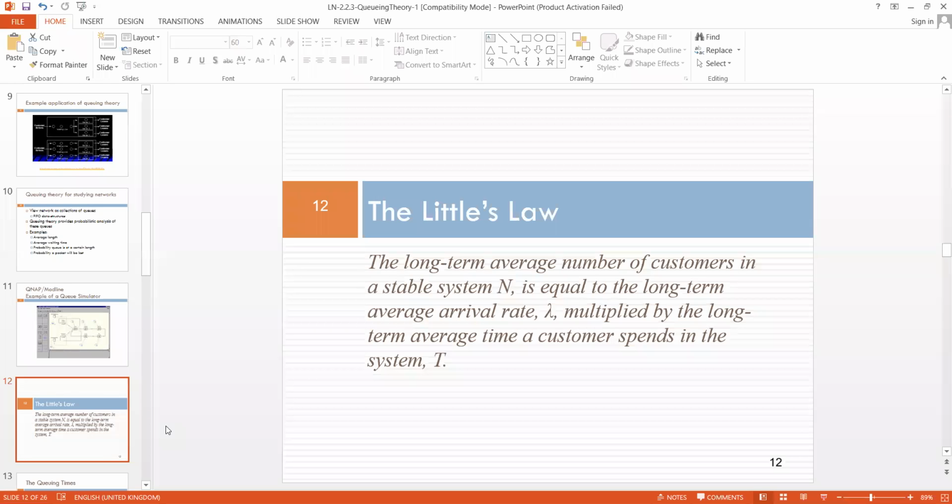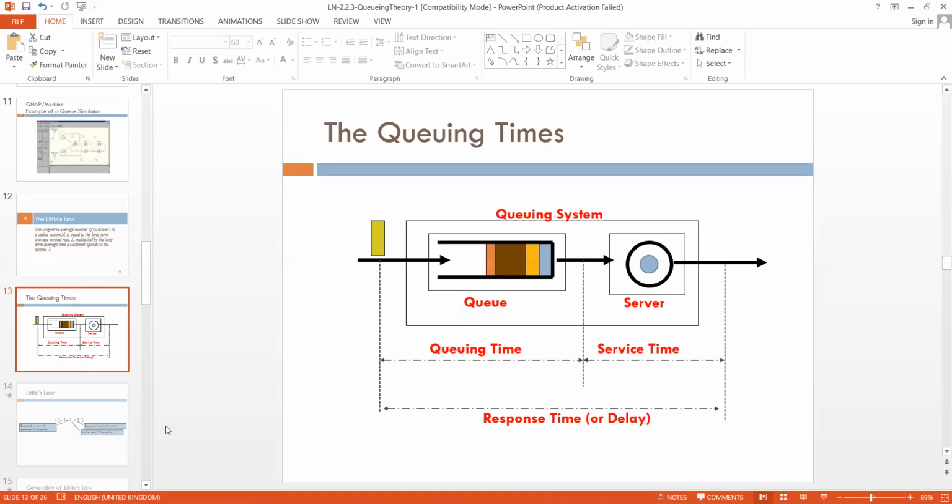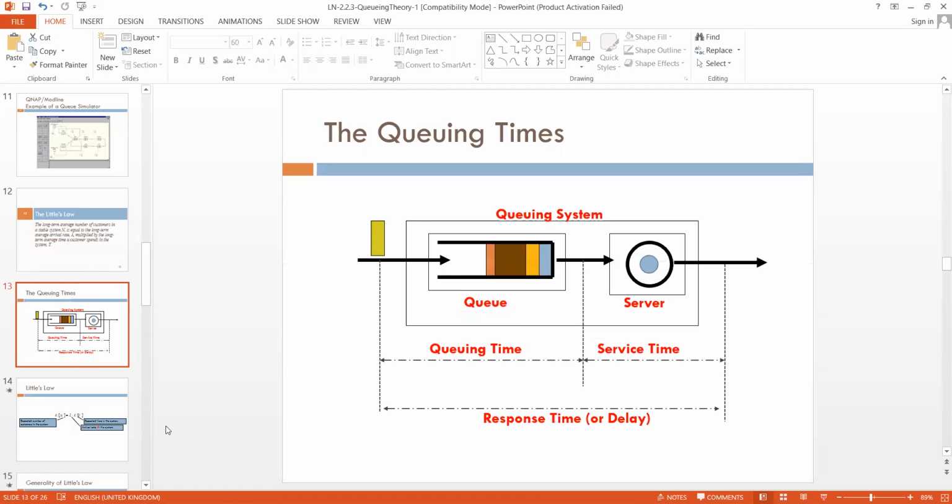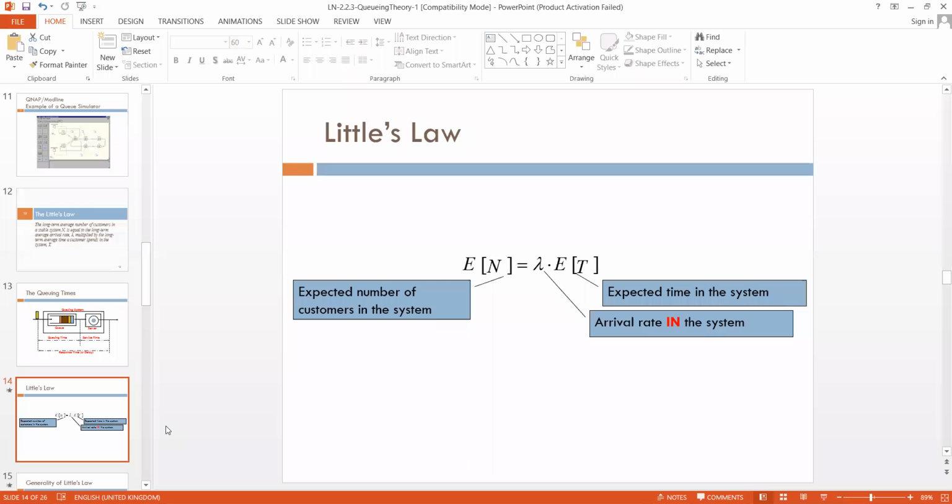Here too, once the system keeps going over and over, the long-term average number of customers in the stable system is equal to the long-term average arrival rate lambda multiplied by the long-term average time a customer spends in the system. So in simple terms, that formula is stated here.